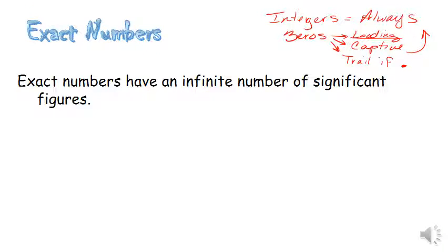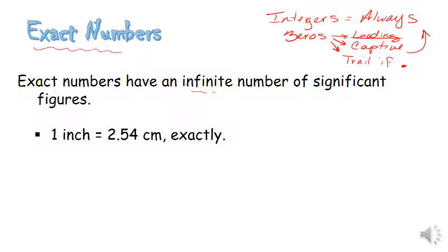The next set of numbers we have to deal with for significant figures are exact numbers. Now, the definition says they have an infinite number of sig figs. I kind of like to think of them as they don't have sig figs, basically because you don't use them for significant figures. Example, conversion units.